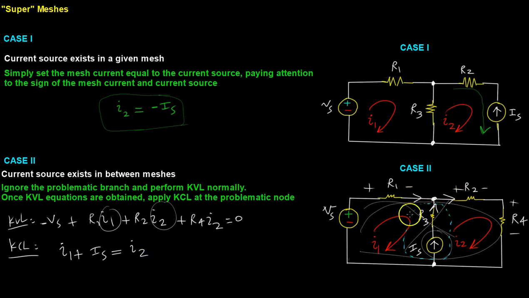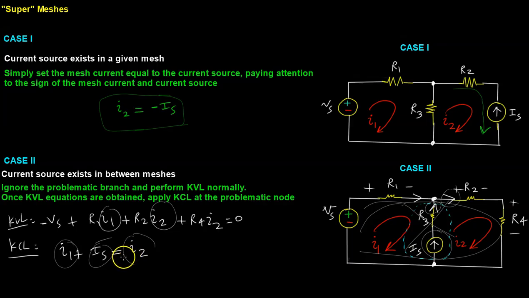You can see the directions here, I1, I2, and IS. Given these equations, we can relate I1 and I2. This is some constant, a given, so we have I1 and I2 in two different equations, and we can find our desired I1 and I2. We can find values for them.